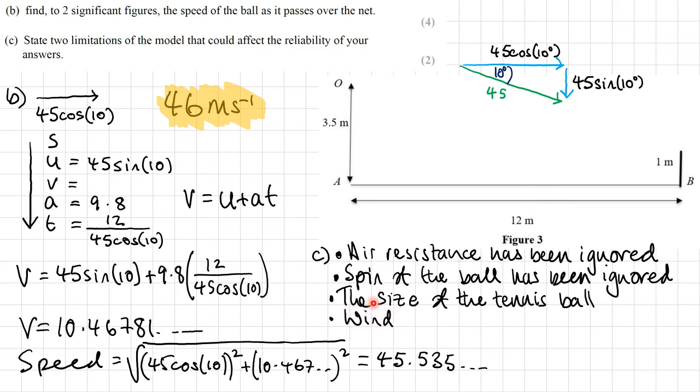I know when it gets too windy, they stop play. And to a smaller extent, maybe things like humidity may affect it as well. I'm no expert in these things, but you want to give some sensible answers. Don't always give answers like a more accurate value of g. Think about the context of the question and relate that to what you know about these things in real life.